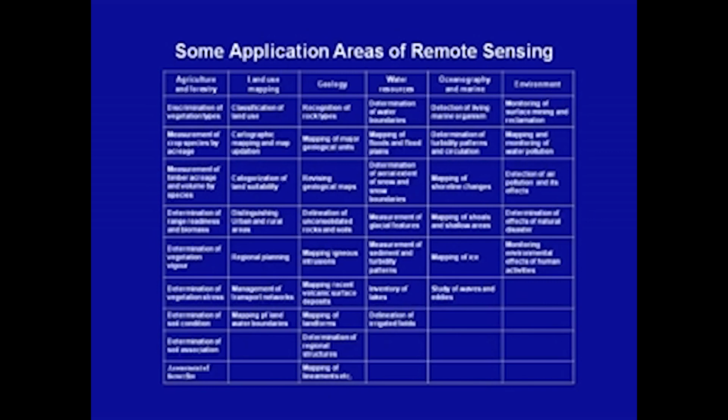In the area of environmental engineering, it can be used for monitoring of surface mining and reclamation, mapping and monitoring of water pollution, detection of air pollution and its effect, determination of the effects of natural disasters, monitoring environmental effects of human activities. Well, this is a small list. However, this can be still much longer, and it all depends upon the ingenuity of the analyst in terms of extraction of information and also the user community to the extent to which it desires the information.